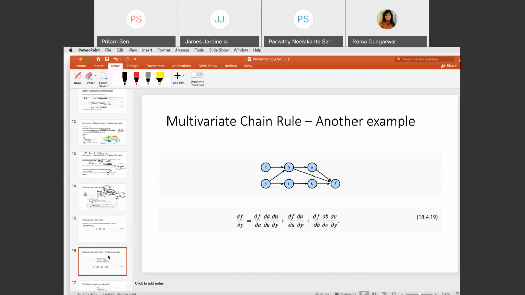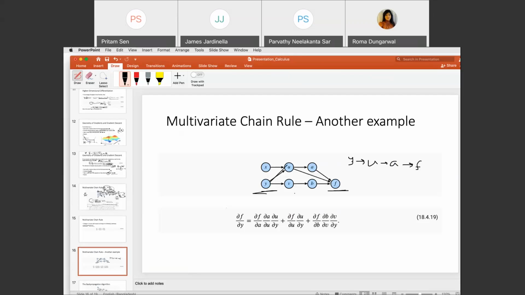And if we want to check another example, this is another neural network. We want to see the change in f with respect to y. So there are two paths here. No, three paths. Y to u, u to a, to f. Y to u, a to f.